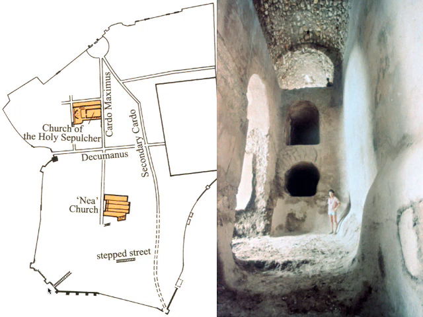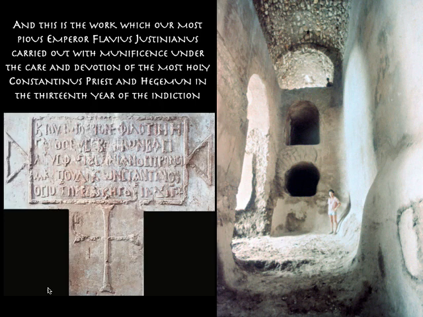And the reason that we know that this is the Nea of Justinian is because embedded in the wall in one of the vaults was found an inscription. This is the work which our most pious emperor, Flavius Justinianus, carried out with munificence, under the care and devotion of the most holy Constantinus, priest and hegemon, which means person in charge, in the 13th year of the indiction, which is a wacky little Byzantine dating system.